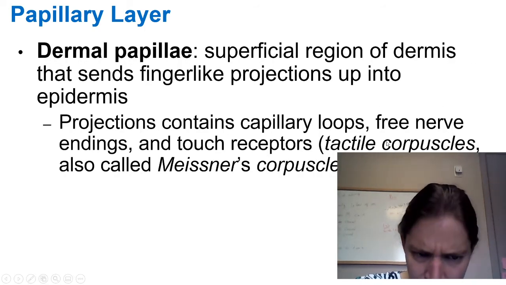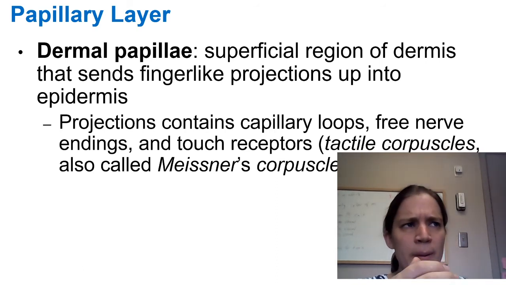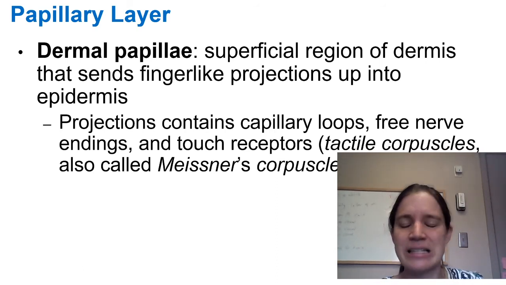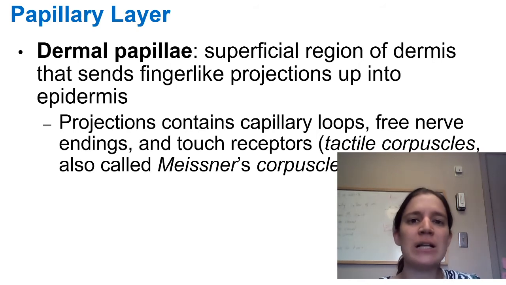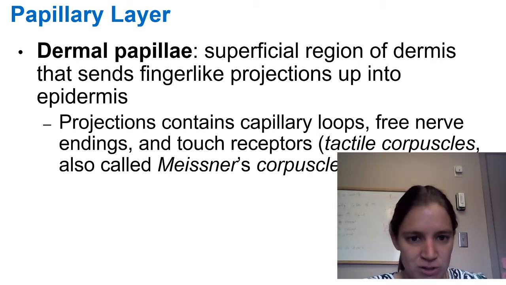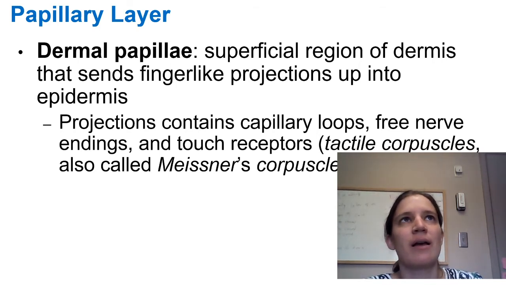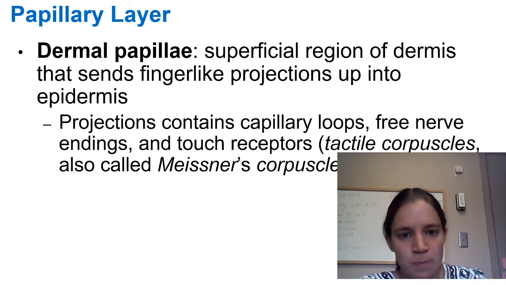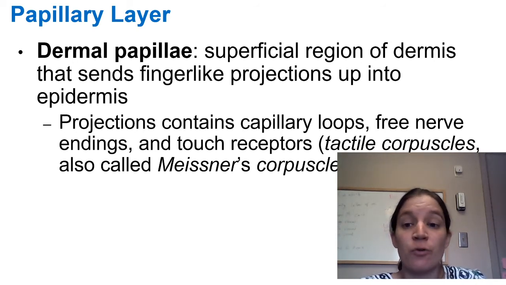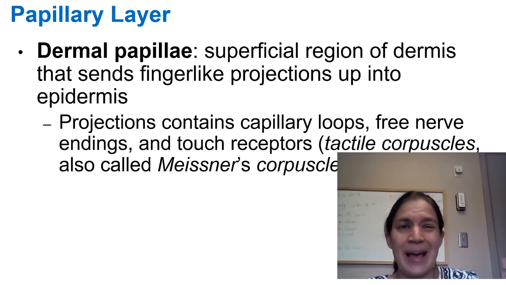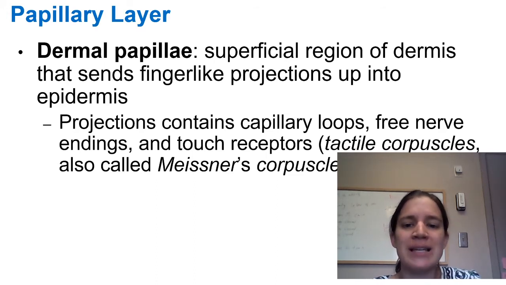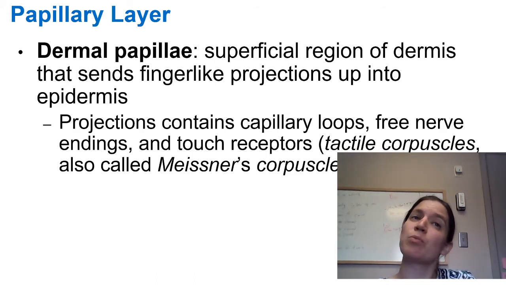Briefly, when people talk about touch, they often act as if it's only one thing, but there are lots of different components of touch. So there are free nerve endings, which are going to do things like pain. There are going to be touch receptors that are going to do things like pressure, right?